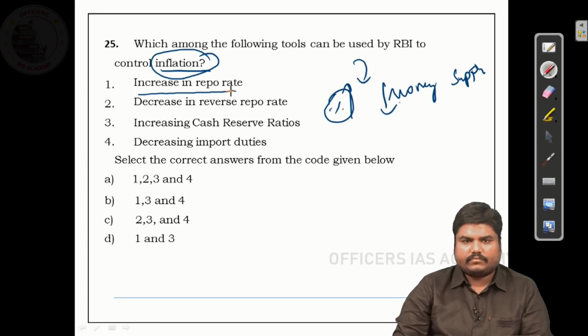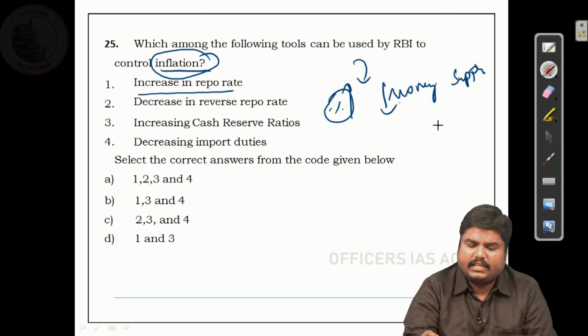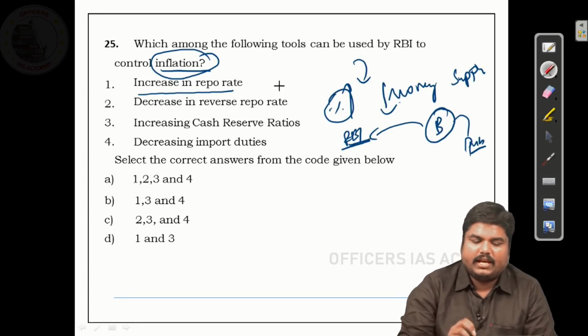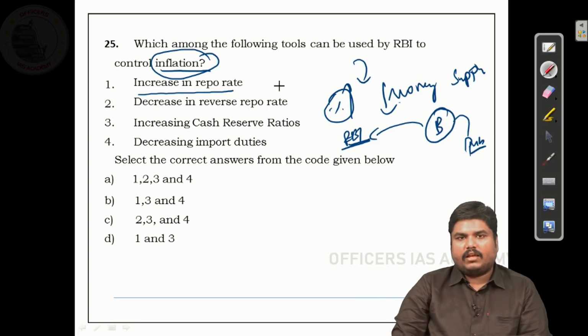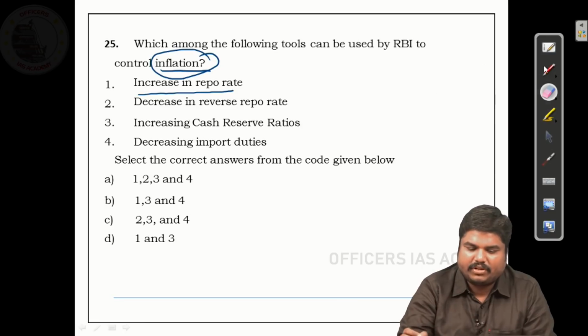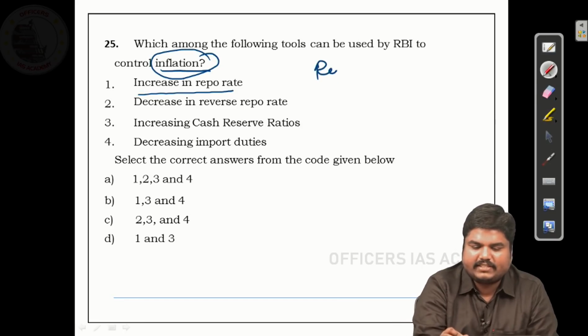What will happen? By increasing the repo rate, the banks are having 2 choices. They can lend to RBI or they can lend to the public. Now, RBI says through the repo rate, I'm just sorry, I was explaining about reverse repo. Let us take repo again.